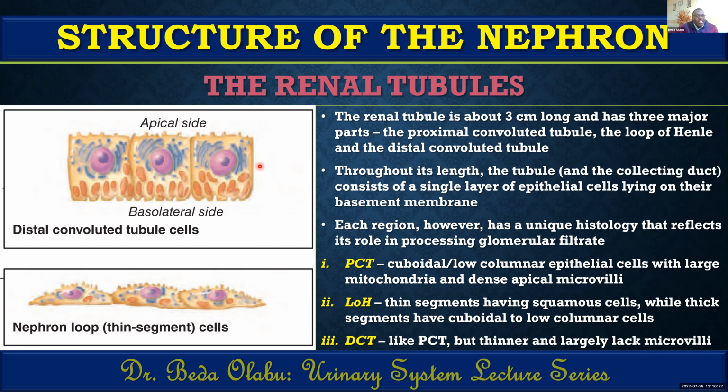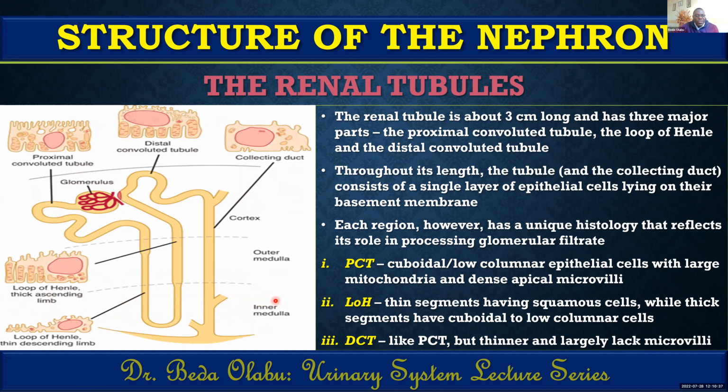Then the thick segment that's adjacent to the PCT will be similar to the structure of the PCT. The thin segments of the loop of Henle are just made up of squamous epithelium. That's the structure of the renal tubule.